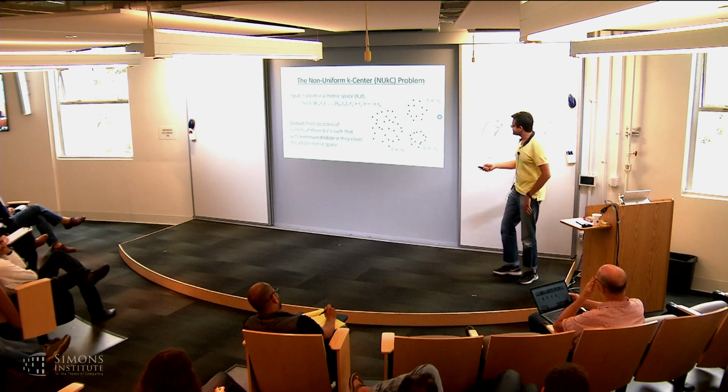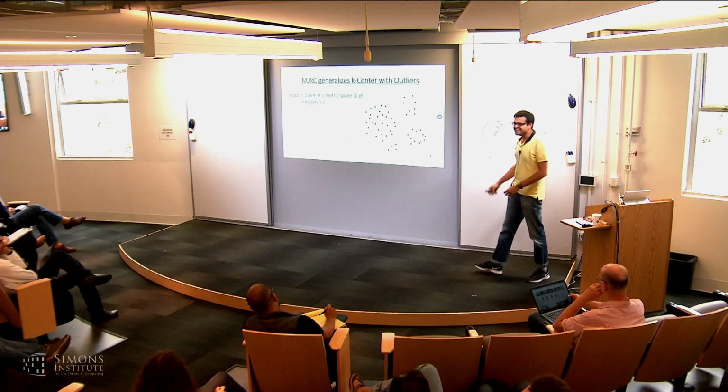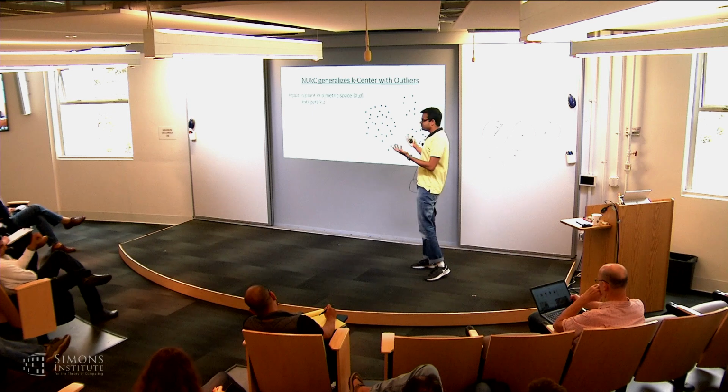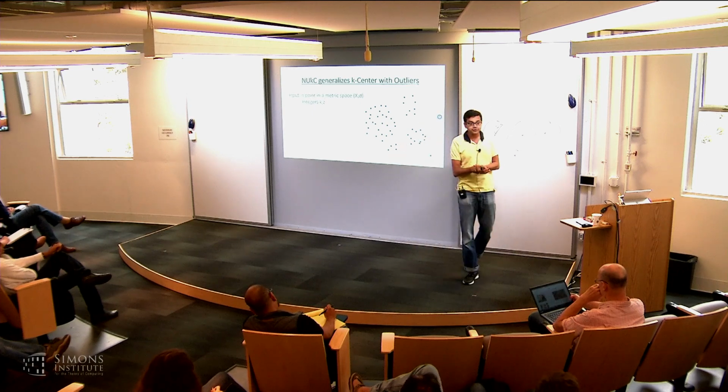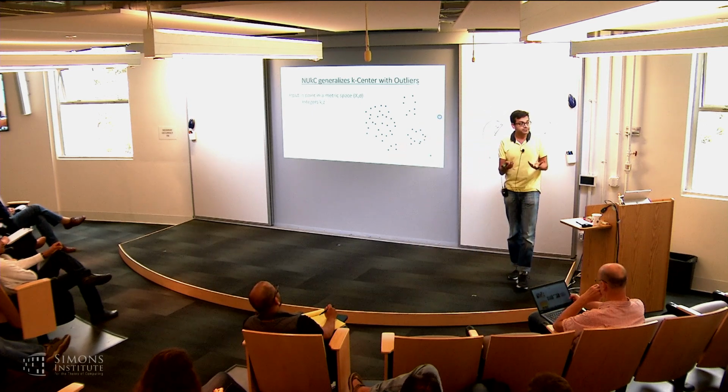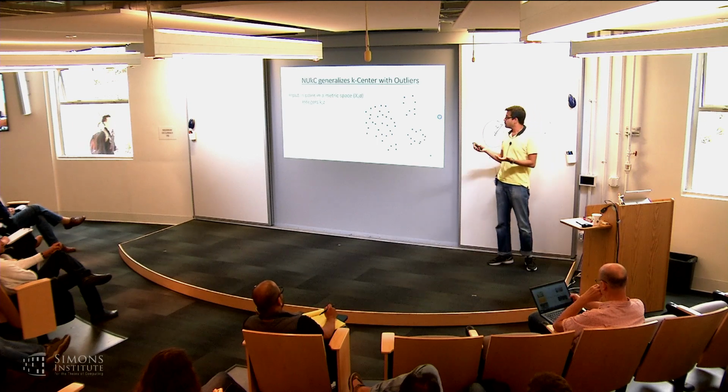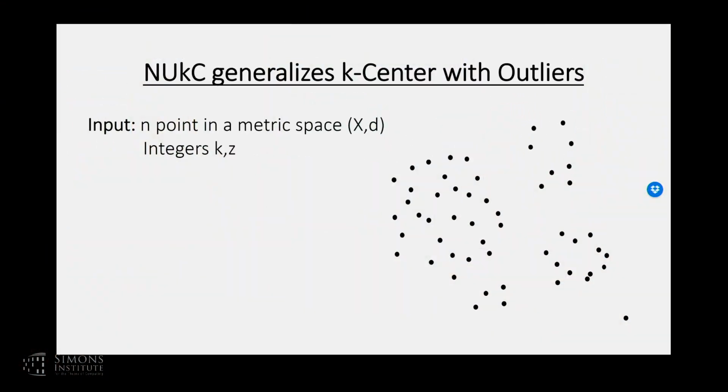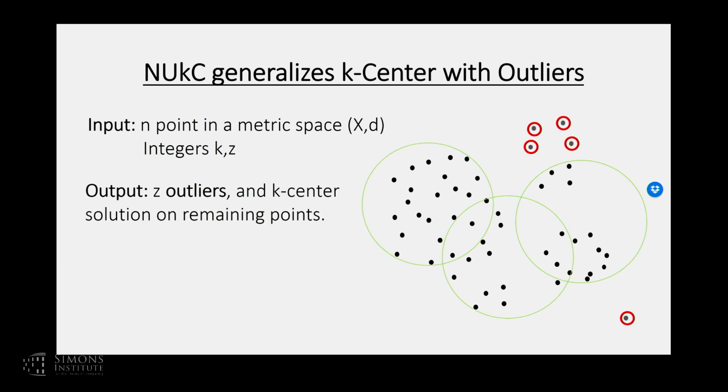So having said that, here's one reason you might be excited: this problem actually generalizes another problem, the k-centers with outliers problem. What is this problem? Again, in a metric space, I'm given two integers, k and z, and the objective is to cover all, but maybe z points I don't need to cover, right? The objective is the same: I want to minimize the worst client's distance served.